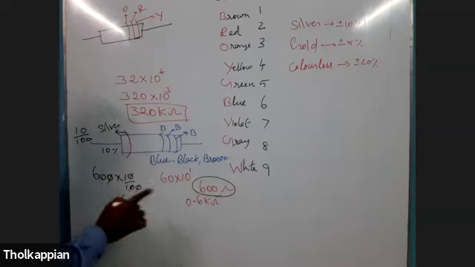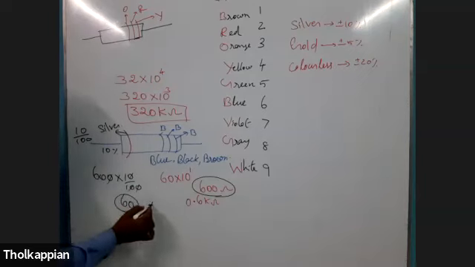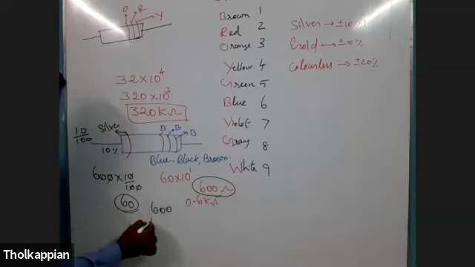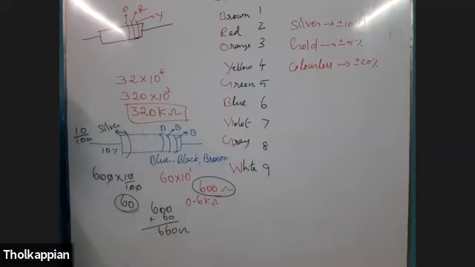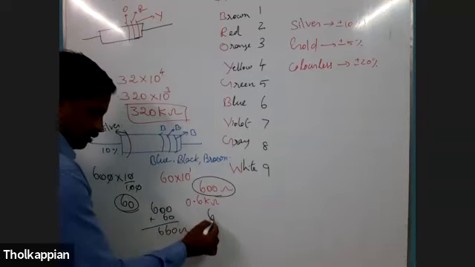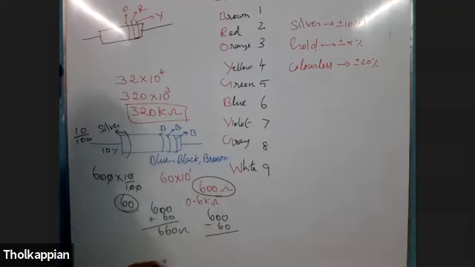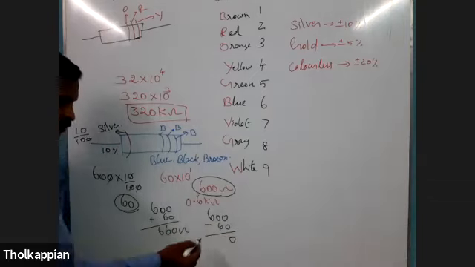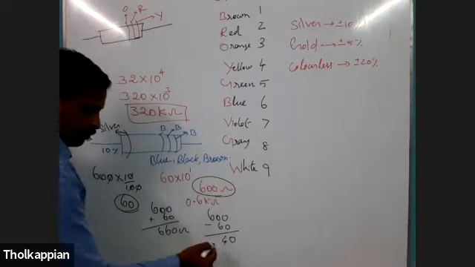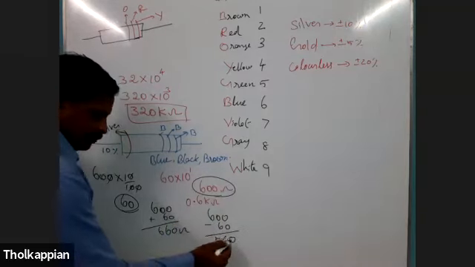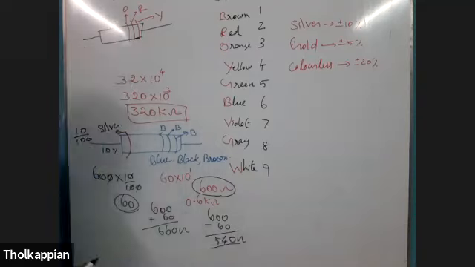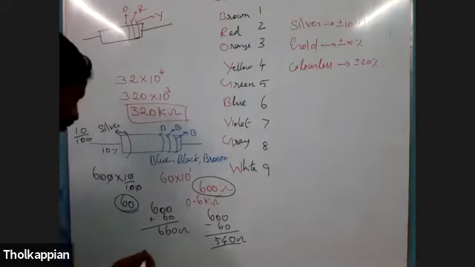And what is plus or minus 10%? See, 600 plus 60, what? 660 ohms. And next, 600 minus 60, what is this value? 540 ohms. Actually, what is the meaning of this?